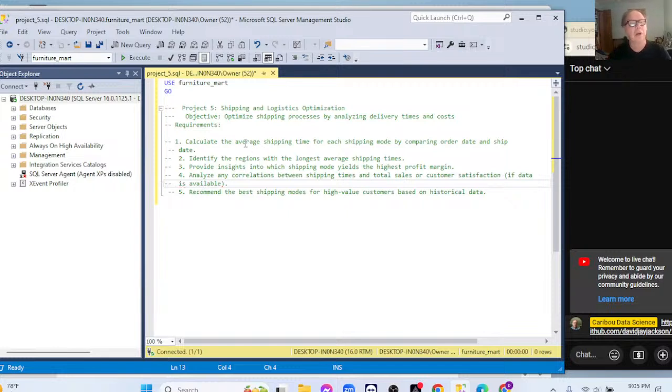Okay, here's the requirements. There's our list. Let's do this. First of all, let's save this as it is. Run this little thing here.